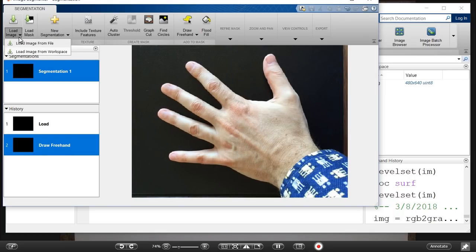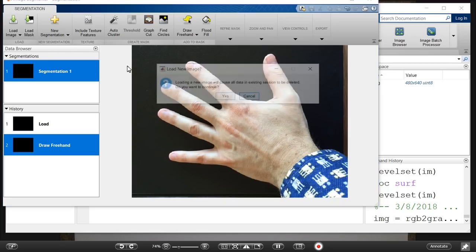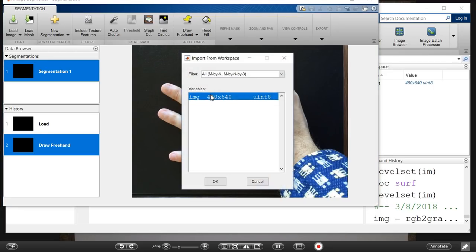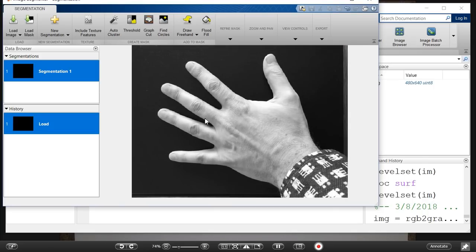I can load stuff from the workspace instead of loading it from a file, which is kind of nice.